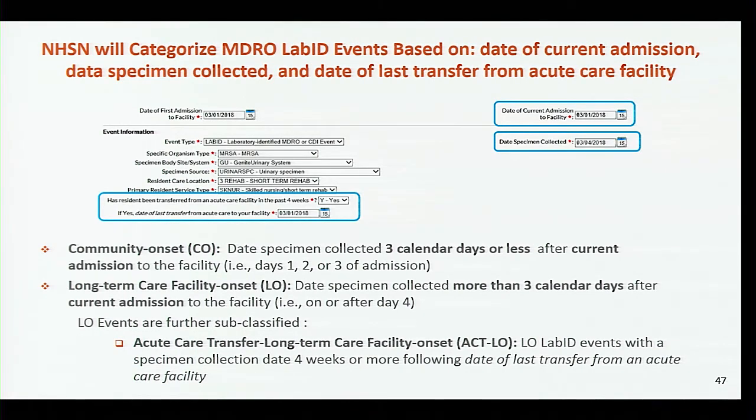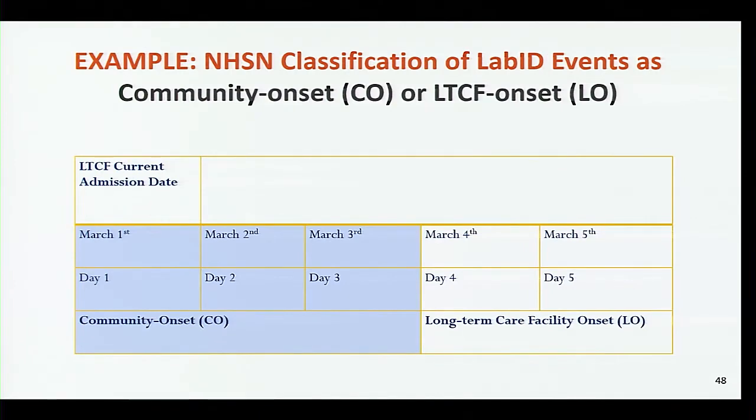And then long-term care facility onset cases are further categorized as ACT-LO if the resident has spent time as an inpatient in an acute care facility in the previous 4 weeks and was directly admitted to your long-term care facility. Again, the same illustration here.